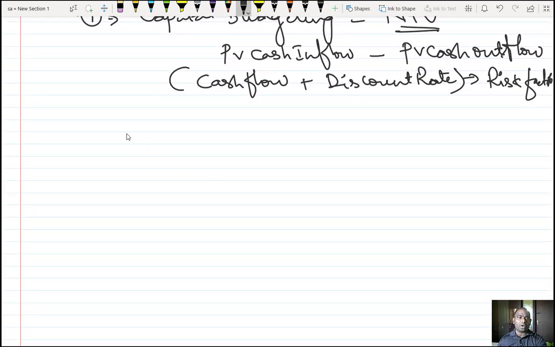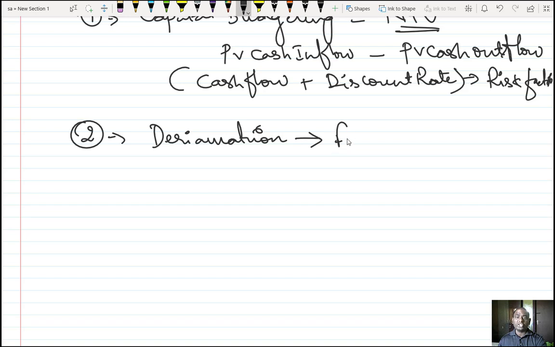Now, you may ask me, what are derivatives? If you are entering into a contract to buy or sell any asset at a future date, that is a derivative.